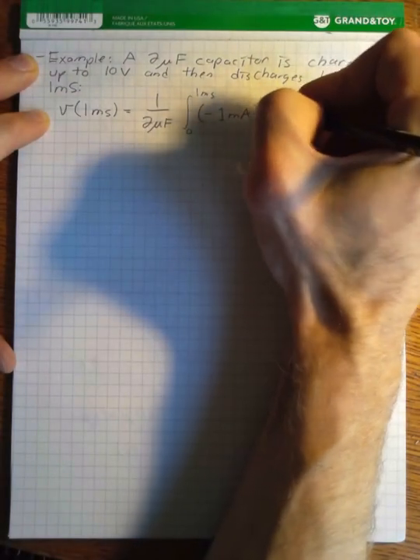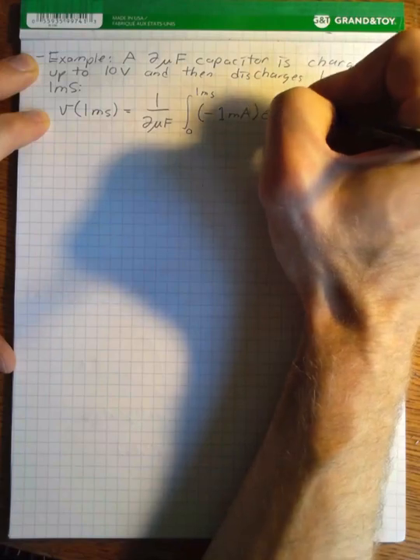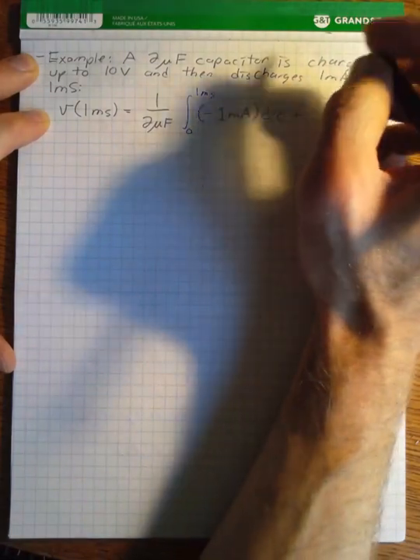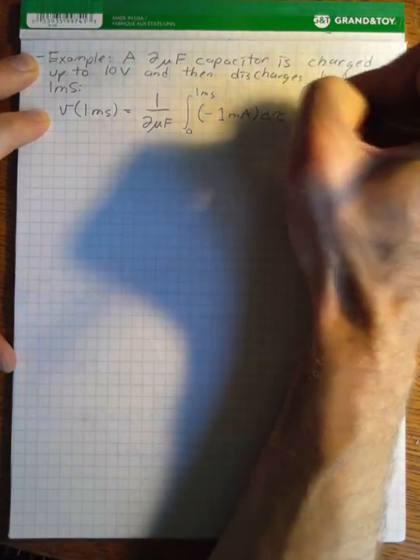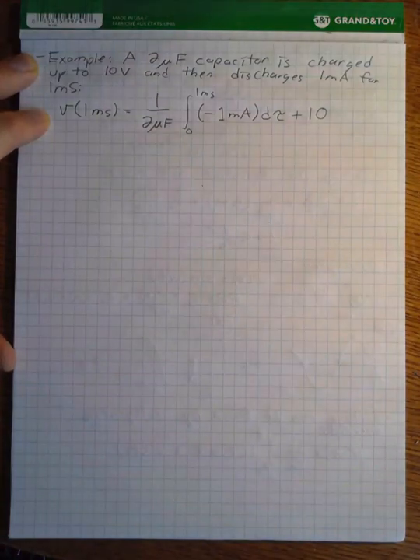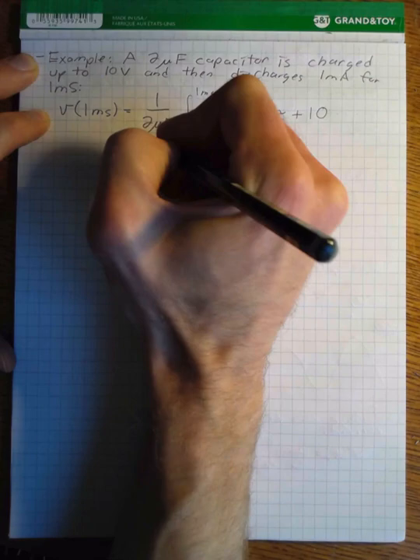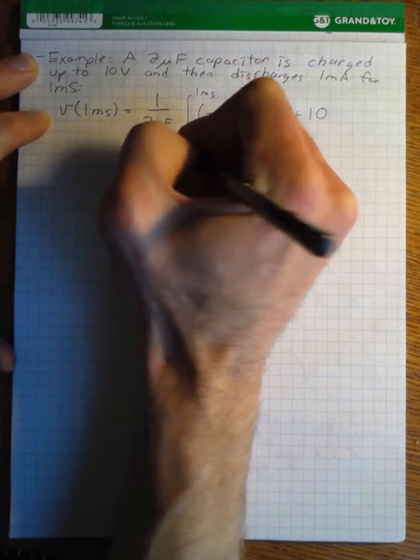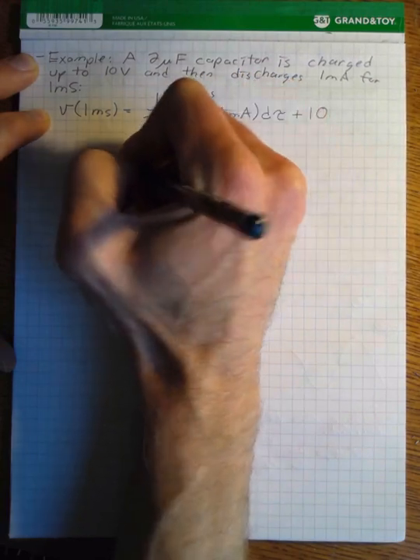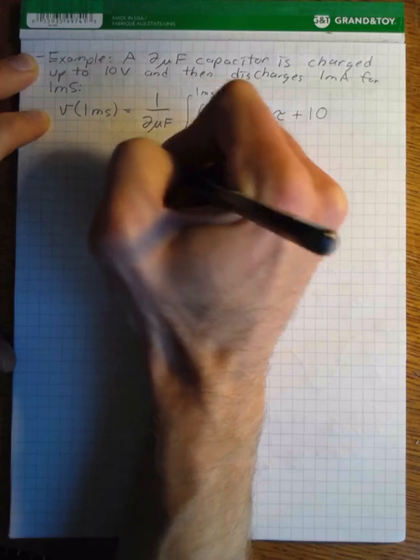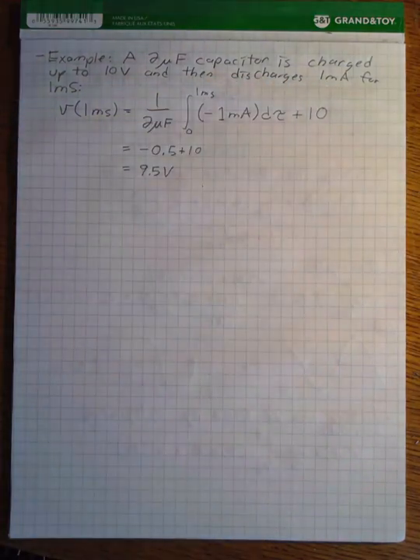We integrate that with respect to tau. And then our voltage at time 0 is 10 volts. And if you go ahead and do this integral, the value of the integral is minus 0.5 plus 10. So we have 9.5 volts after 1 millisecond of discharging.